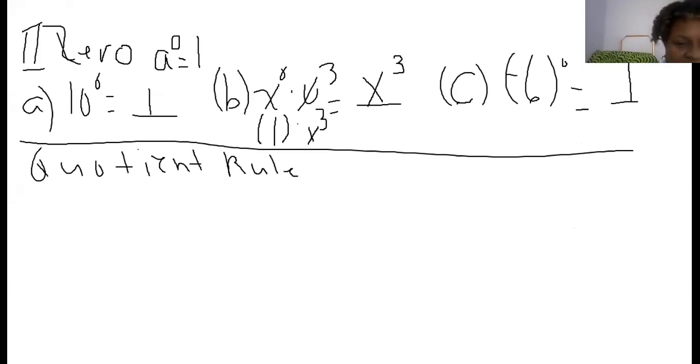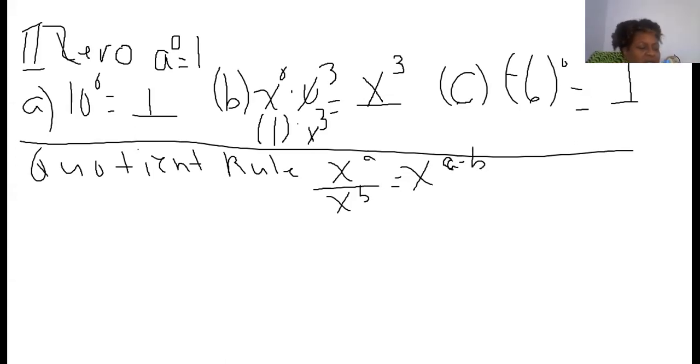It basically says that x to the a over x to the b. And what will happen in the quotient rule is that we will subtract our exponents, given the position of the larger exponent. So let's look at a few models and let's practice applying the quotient rule.